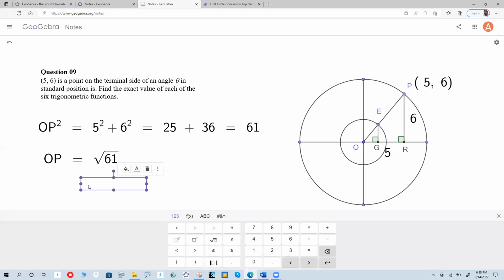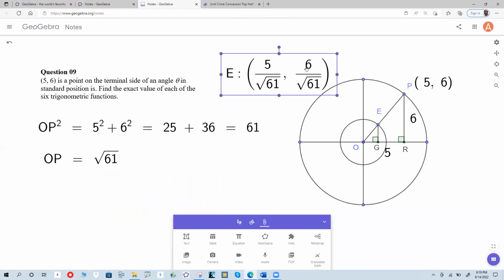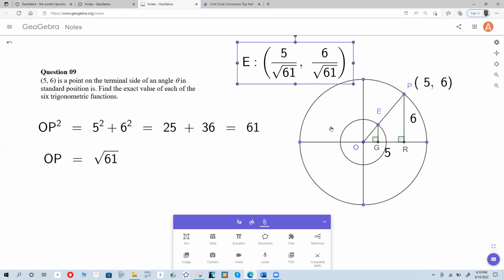The coordinates of point E: the x coordinate is 5 over the square root of 61, and the y coordinate is similarly 6 over the square root of 61. That's a very important finding because now this point is on the unit circle.